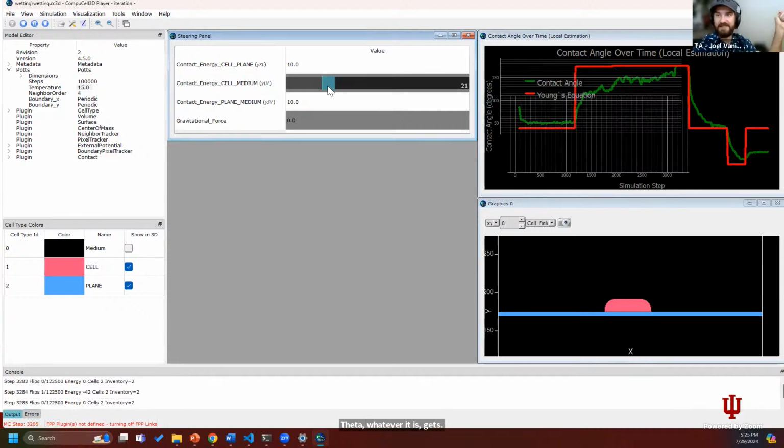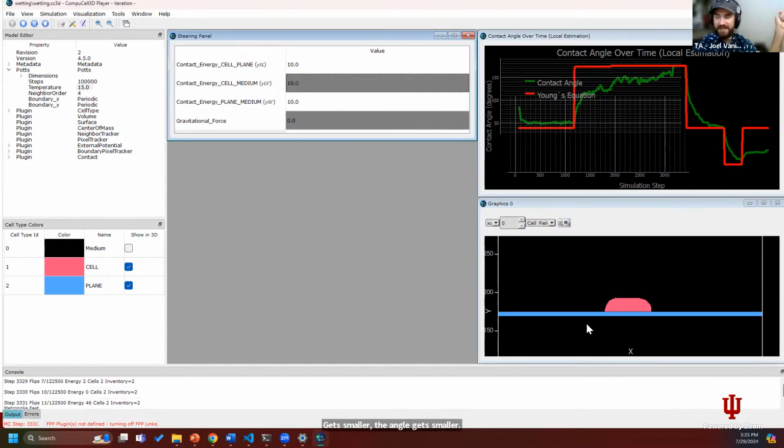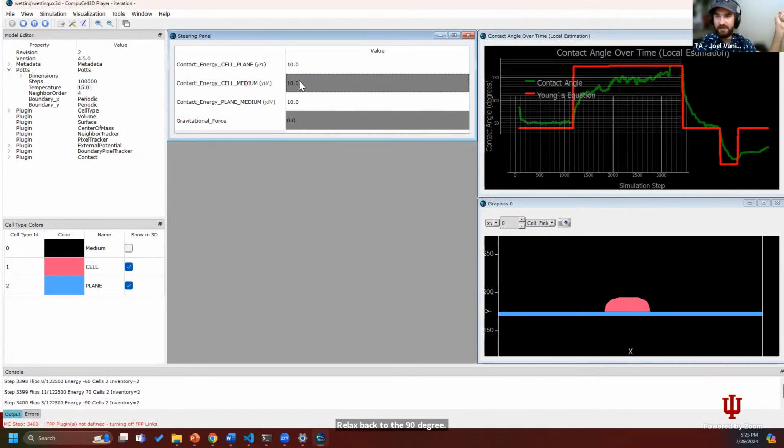Yeah. So let's go back a little bit, let it relax back to the 90-degree angle, and then we apply a little more contact energy between these two.